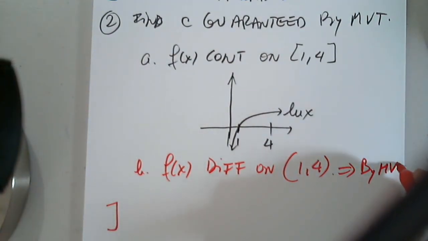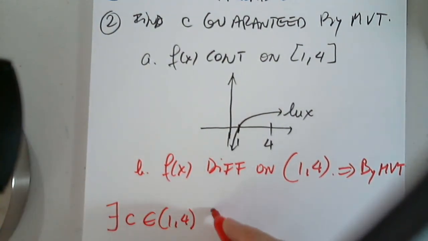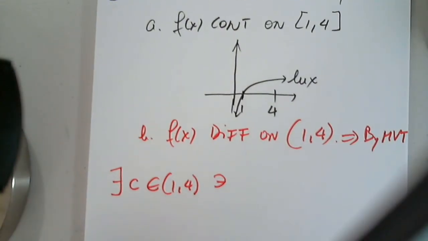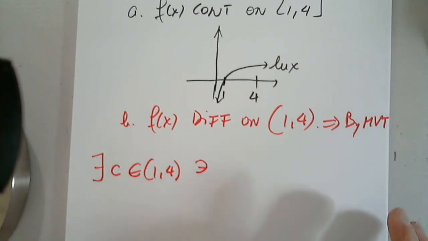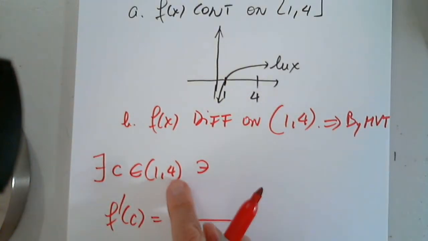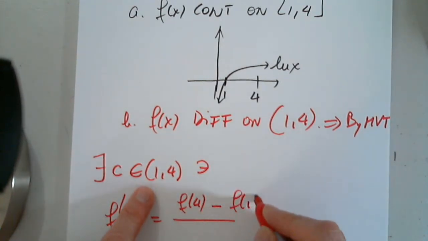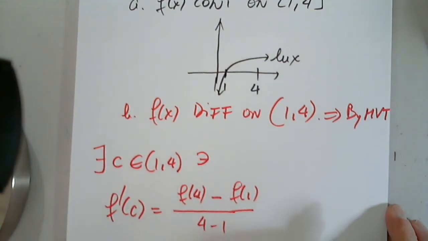So by MVT, there exists c in the open interval (1, 4) such that what? What do I have to write? f prime of c equals f of 4 minus f of 1 over 4 minus 1. That's it.